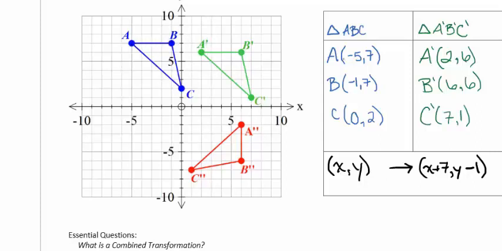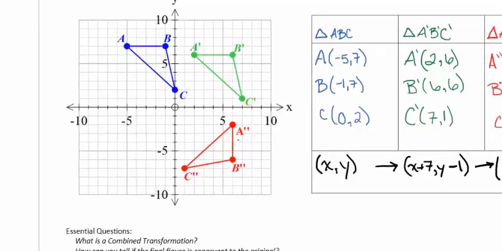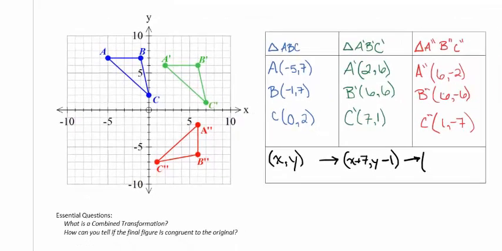Now from here, we can look at the image, and we can see that it's facing a different direction. The orientation has changed. So I've either done a reflection or a rotation, but looking at it, you can tell that the coordinates don't line up exactly, so there had to be a turn of some sort. Now, if it isn't obvious, we can refer to our data points up here and look for any patterns that we see.